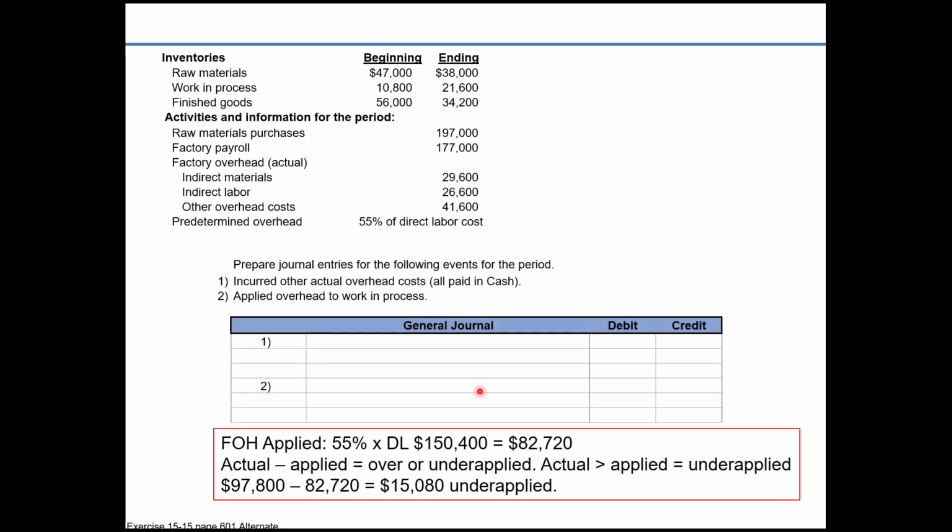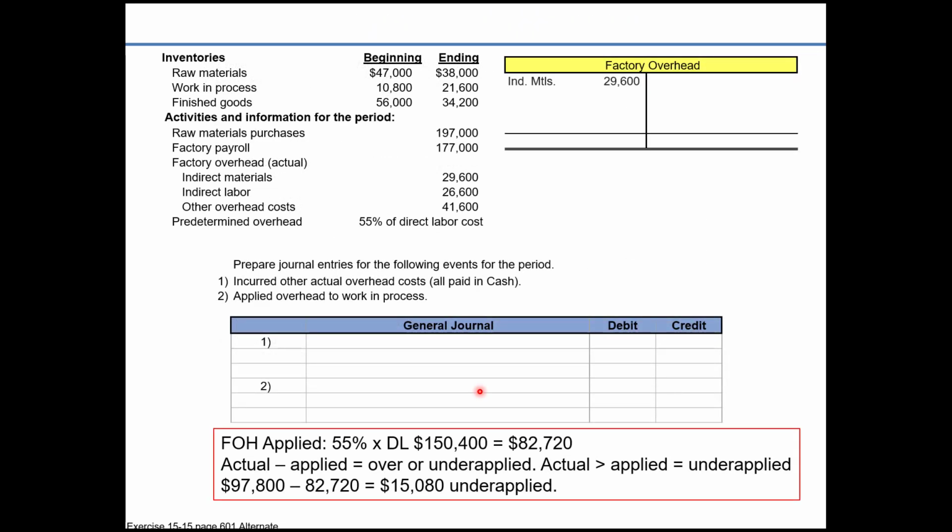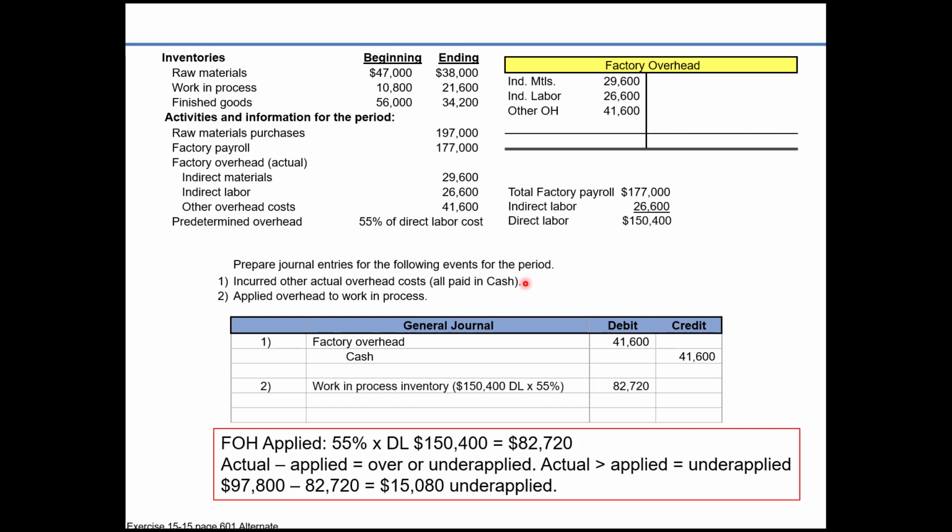Now we're going to look at the overhead journal entries. So factory overhead is first debited for these other actual overhead costs, and we will credit cash. Then we want to show the amount that we applied into work in process.